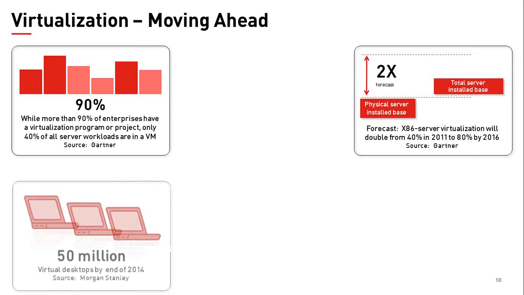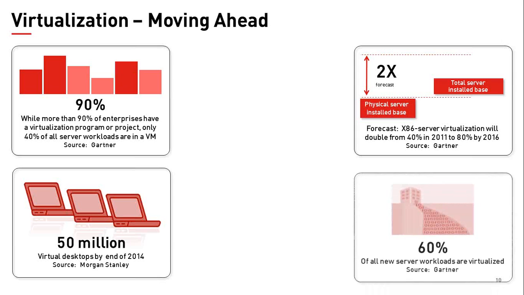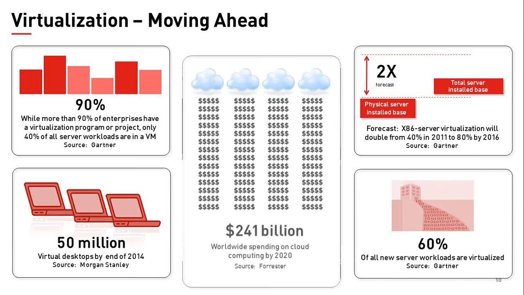It is expected that by the end of 2014 or 2015, there will be around 50 million virtual desktops in the market. 60% of the new server workloads are going to be in a virtualized environment. A report from Forrester says that by 2020 almost $241 billion will be spent on cloud computing. So that's the high-level gist that gives you a clear picture of where virtualization is moving.